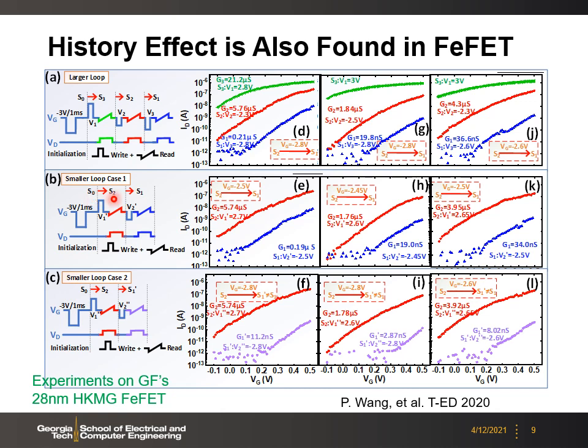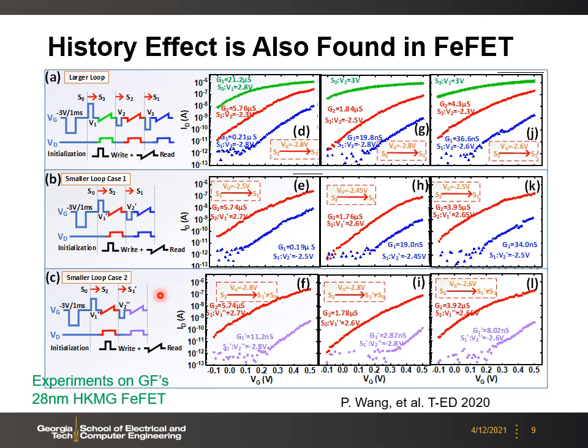But if we consider a small loop where we directly change from the S2 to S1 state, even though the conductance change is similar, the voltage we require is different. Here we only need negative 2.5 volts to change from the S2 to S1 state, compared to the larger loop where we have gone through the S3 state.